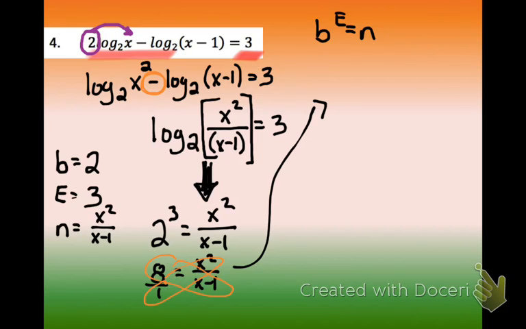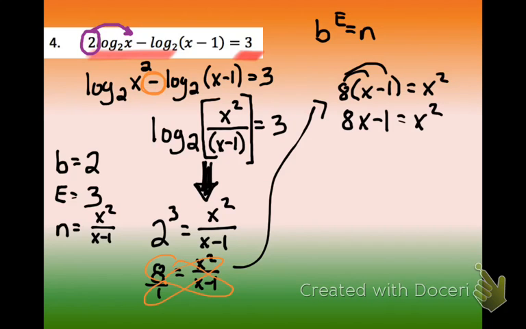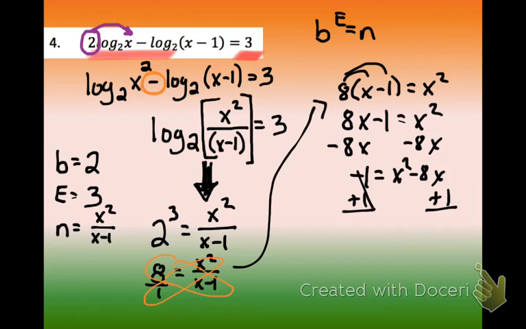So I have 8 times x minus 1 equals x squared. Distribute. And then move everything over to the other side. So I'll have x squared minus 8x plus 1 equals 0.